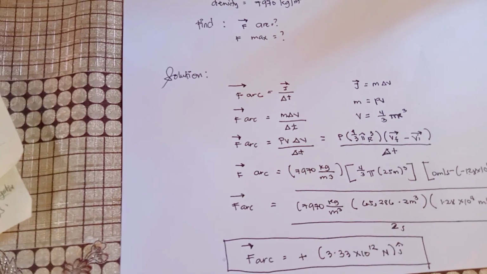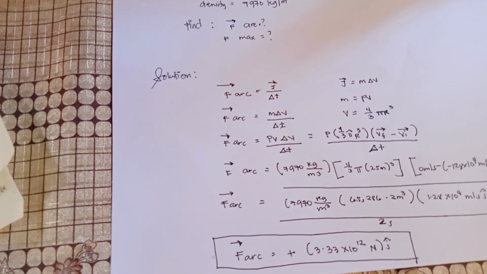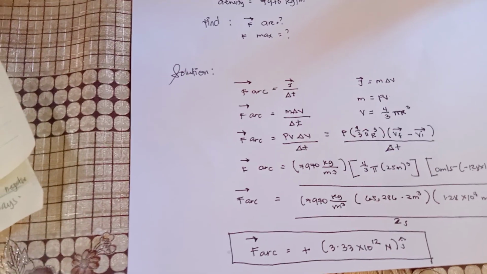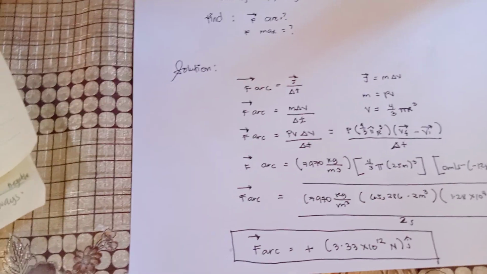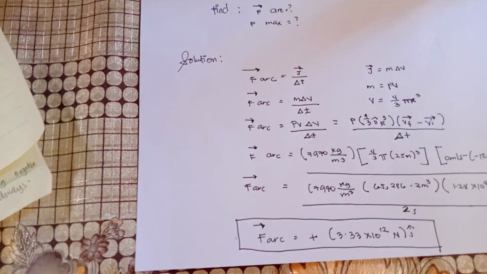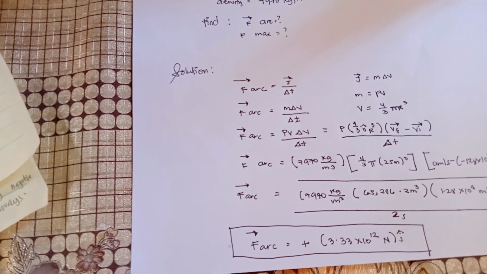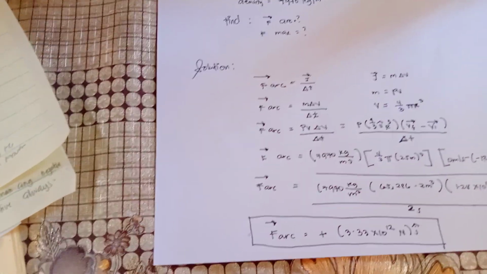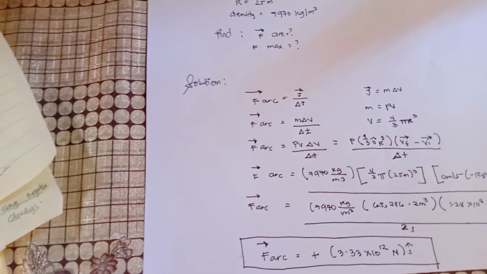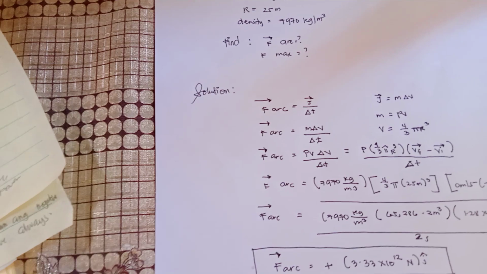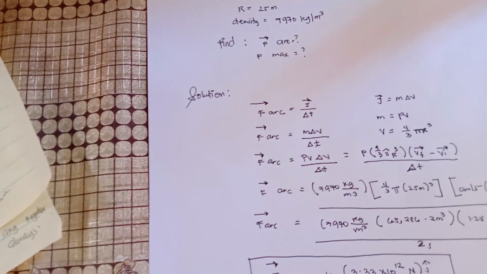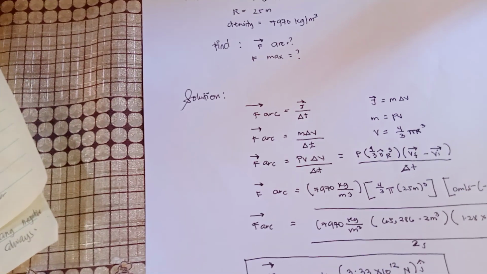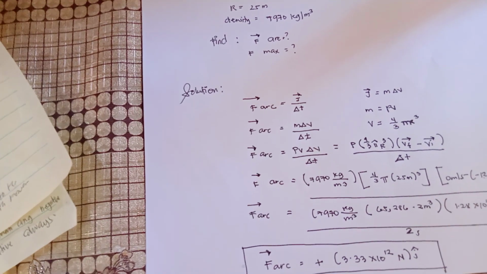By substituting, the density is 7,970, our R is 25 meters cubed, which is the radius of our meteorite, and our velocity is negative 1.28 times 10 to the 4th power.